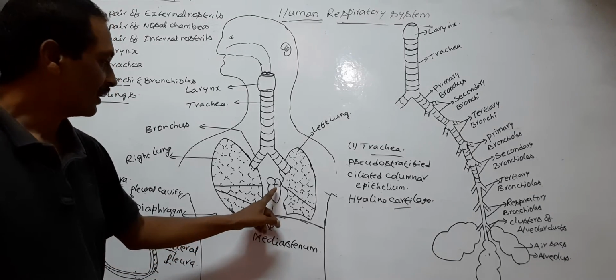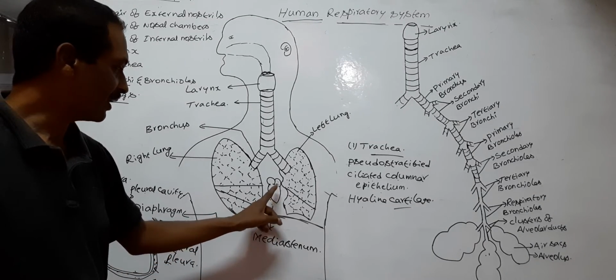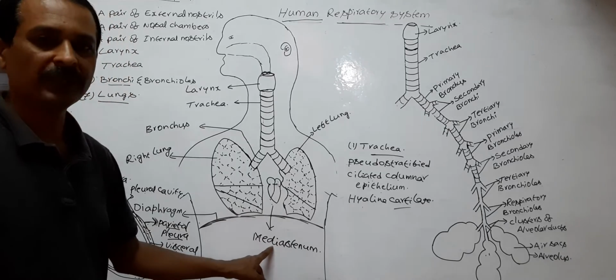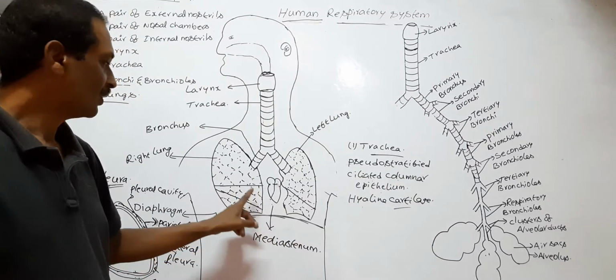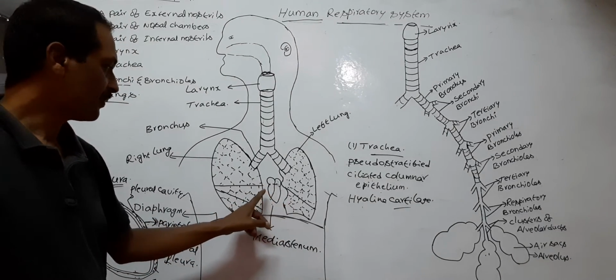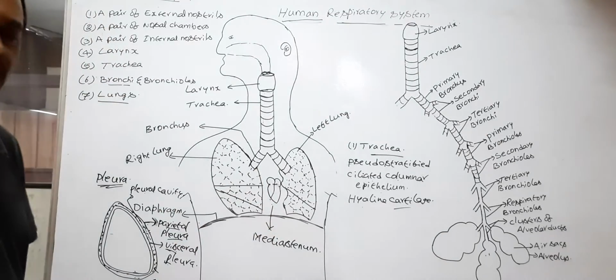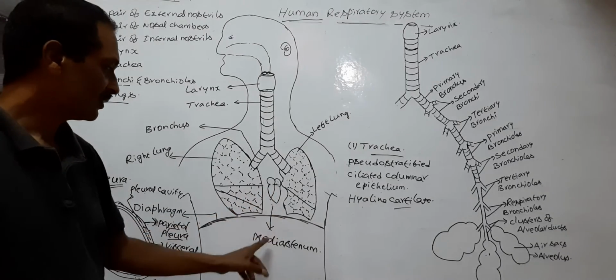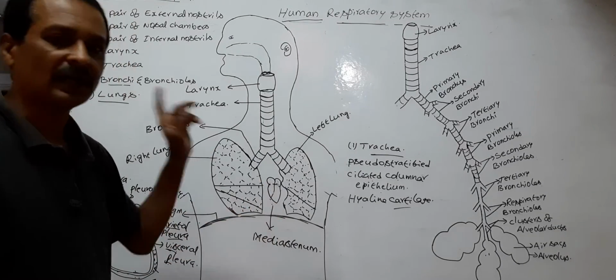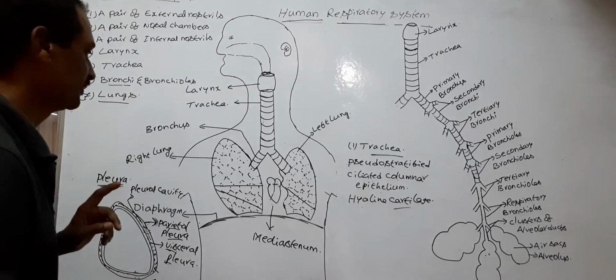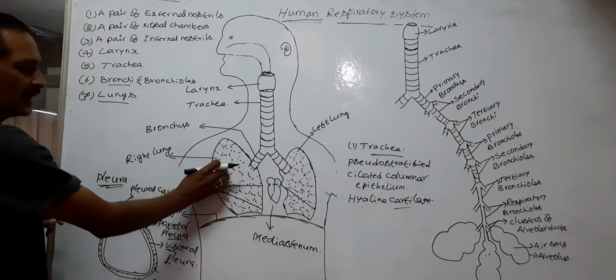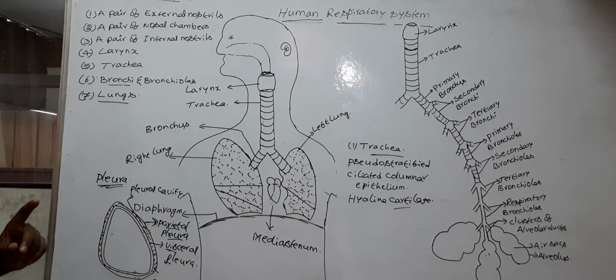Here the heart is situated in the mediastinum. So the two lungs are located in the thoracic cavity, one on each side of the heart.